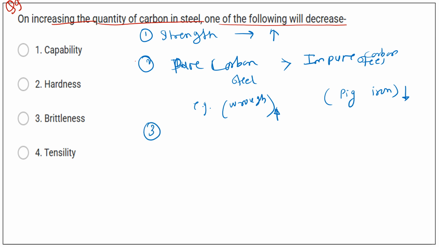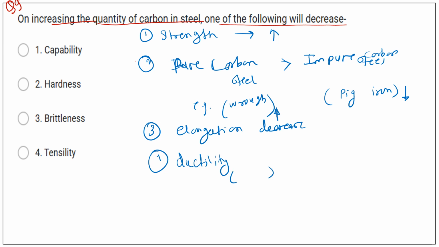The third point is, if the quantity of carbon increases, then elongation decreases, and if elongation decreases, then the ductility property decreases, because ductility is the ability to make any steel into wire, so it is more tensile in nature. So this ductility also reduces here, and ductility is also known as tensility. Tensility is given in the last option, so the last option is correct.